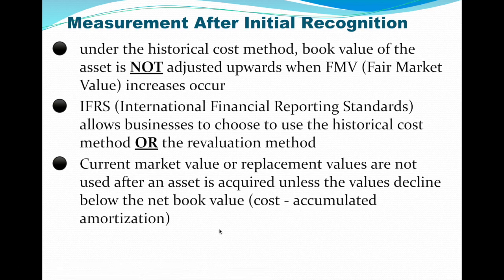So if the fair market value is less than the depreciated cost of the asset, then you can use it. See what I'm saying? There's a condition to using the fair market value. It's not just whether it's cheaper than the historical cost, but whether it's cheaper than the net book value.